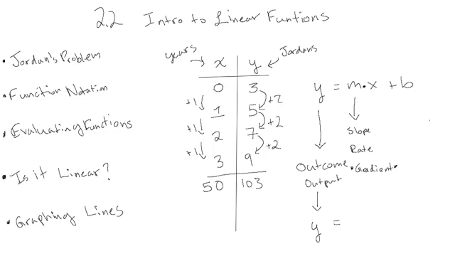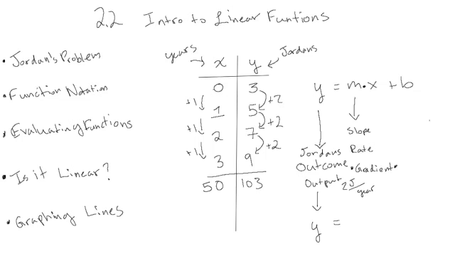So in this case, y was our outcome, Jordans. Our slope is going to be Jordans per year. As a matter of fact, it's 2 Jordans per year. Does that make sense? That's my rate.